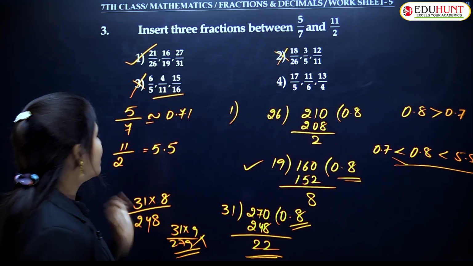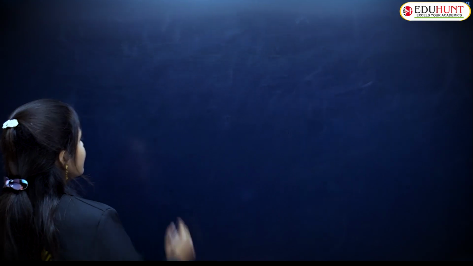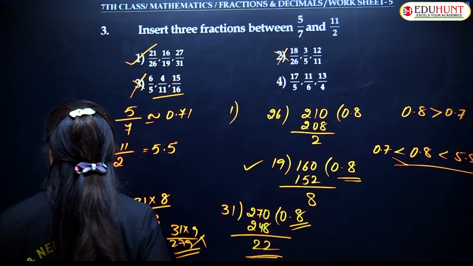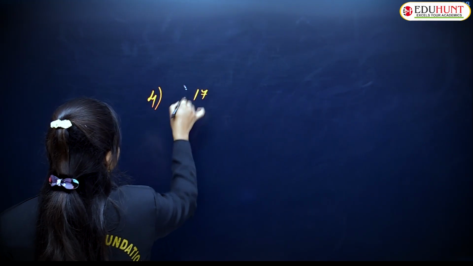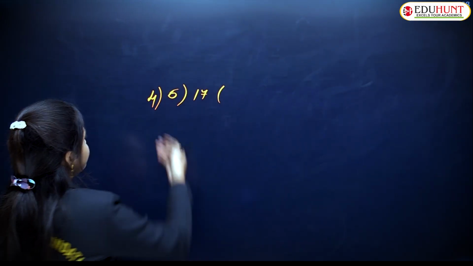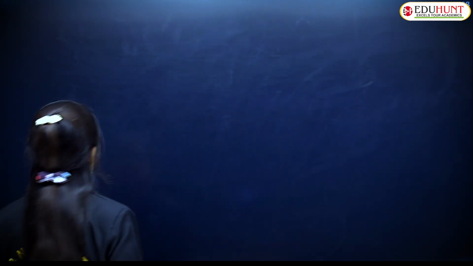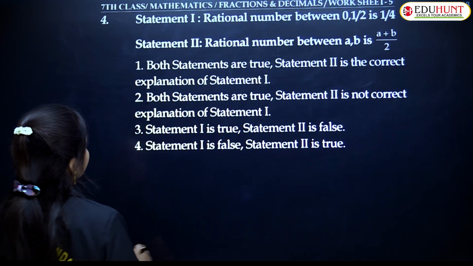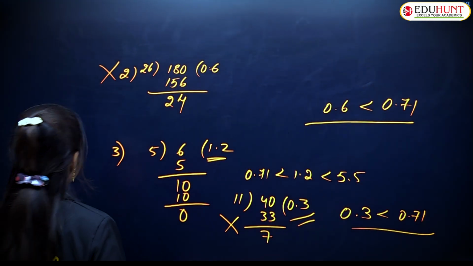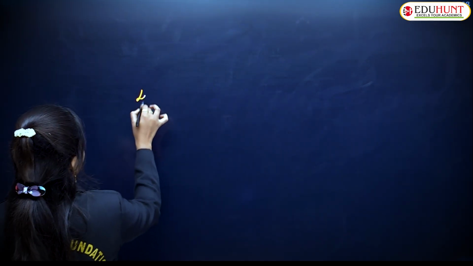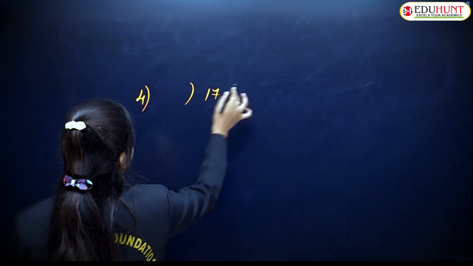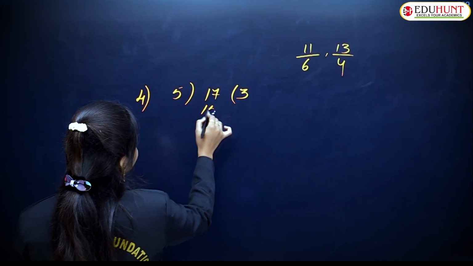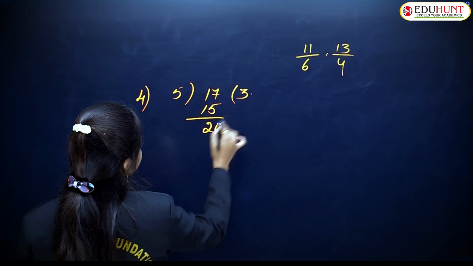And come to the final option, the fourth option. What is that? 17 by 5. 17 divisible by 5. 5 threes are 15 and here 2 is the remainder, 0.0.